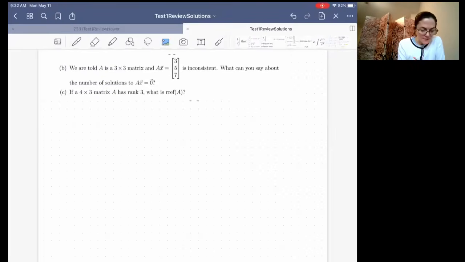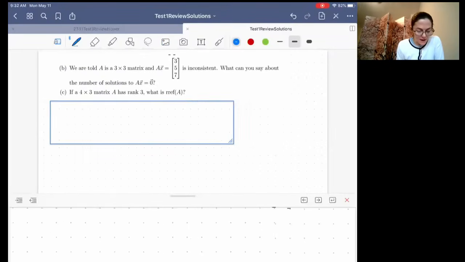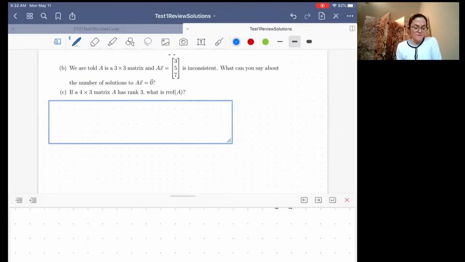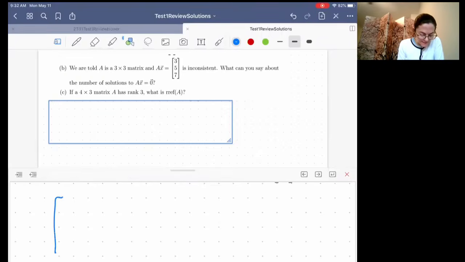Okay, great. We are told some information. I'm now on B. And then we need to figure out the number of solutions to AX equals 0. So let's think about this. AX, I should say, equals 3, 5, 7. Okay, inconsistent. What does this mean? Let me think about this some here.